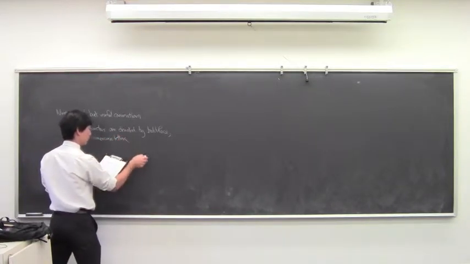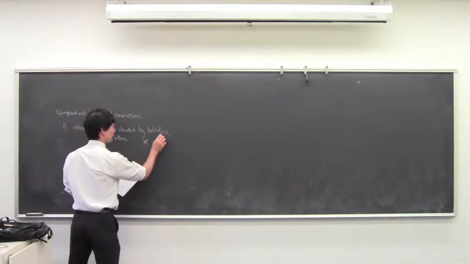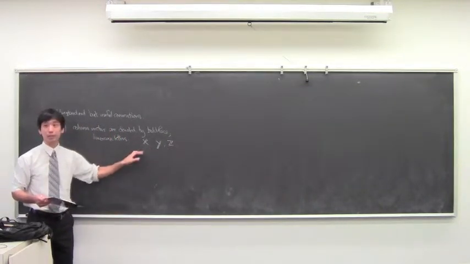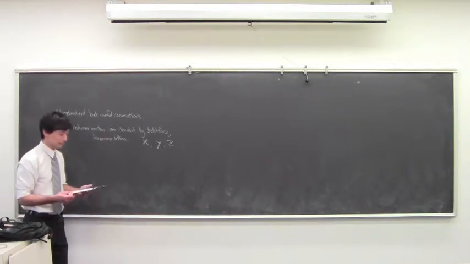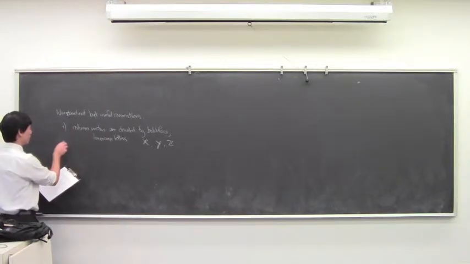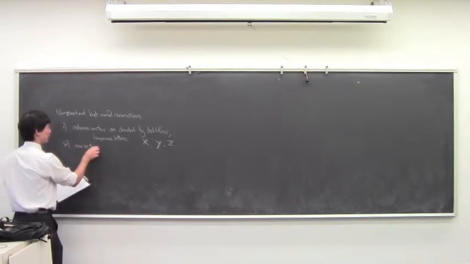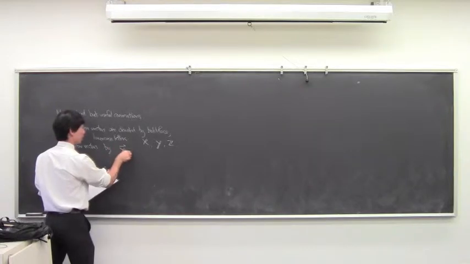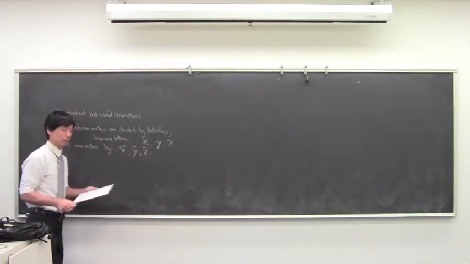On the board, I will double some part of the lowercase letter. This is what's called blackboard bold. Second, row vectors are denoted by the same thing but with an arrow above, so lowercase bolded letters with arrows above them.